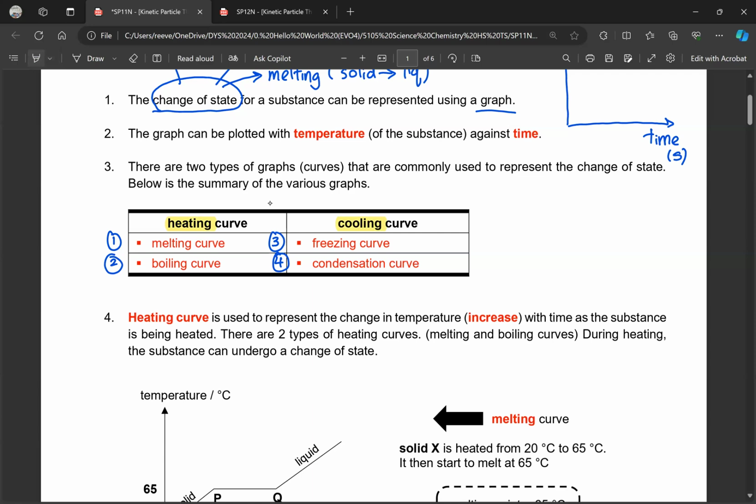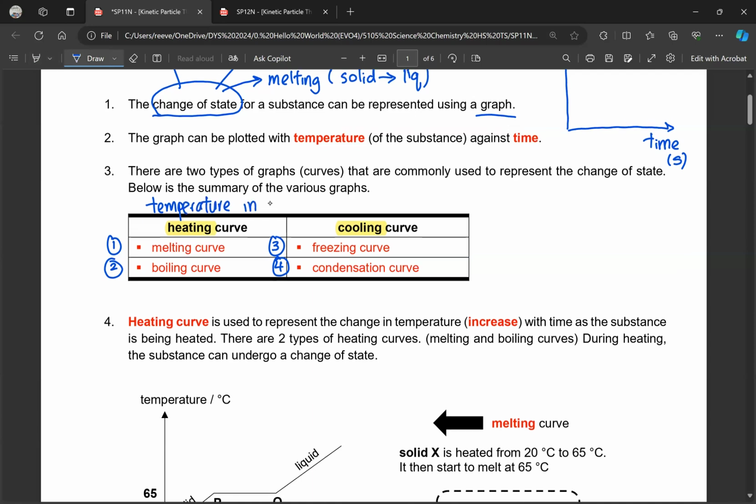Heating curve means the temperature goes up. Temperature will keep on increasing. That is called heating. It's common sense, because when you heat something, the temperature definitely will go up. Cooling curve indicates that the temperature will go down, decreases.